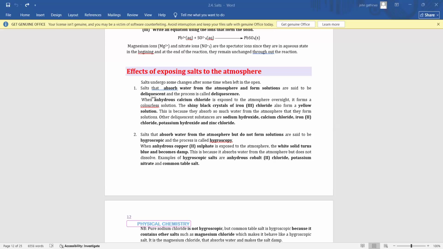And then you filter the excess lead metal. Then you heat until saturation. And then you collect the crystals by filtration. Okay, that is good. Boniface?